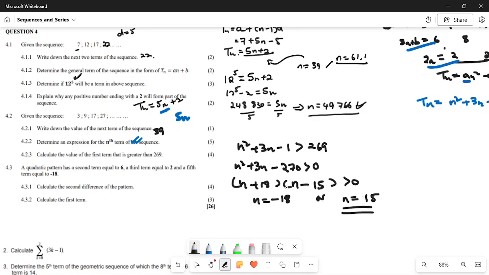Okay, that means at n is equal to 15, I get the value 269. So now the next index is just n is equal to 16. So I will substitute n is equal to 16 into my nth term, and I'm getting the value 303. So the first value that is bigger than 269 is 303. And this value is found at index n is equal to 16.